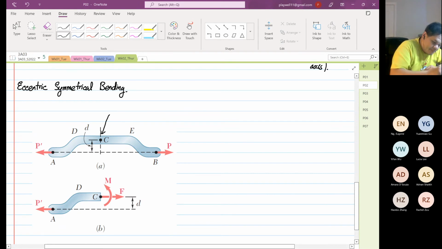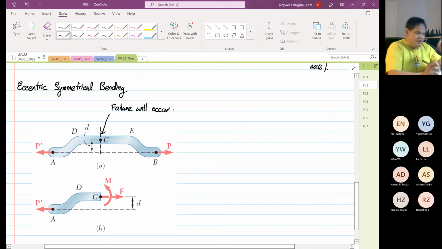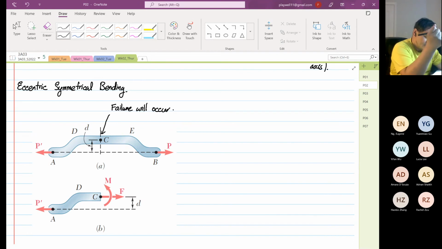This is where failure will occur. If this structure is loaded, as you can see, the horizontal load is at point A, and at point B you have two forces that are pulling it out. Failure will occur at point C or along the axis that goes through point C.